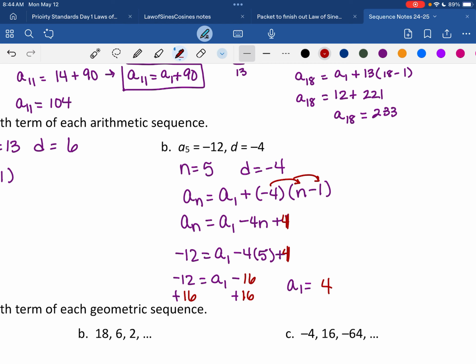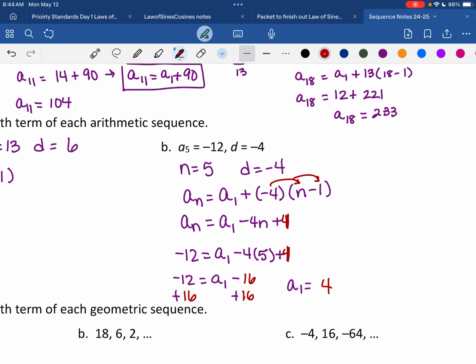Should not be this hard today. Negative 4 times 5 plus 4. Negative 16. A1, 4. So A sub 2.